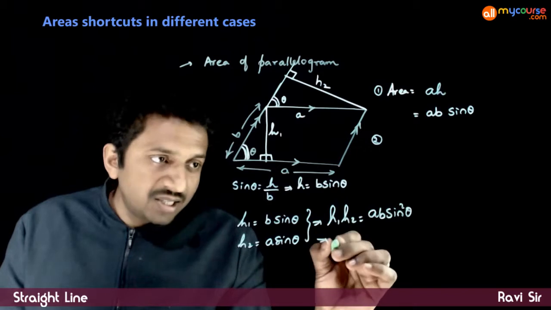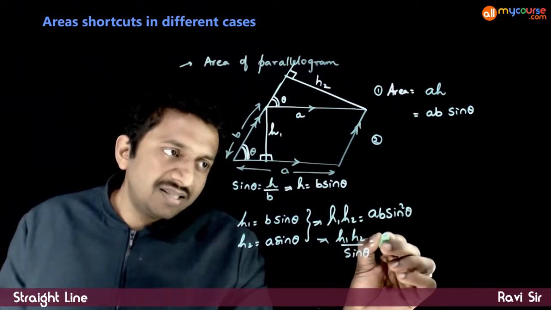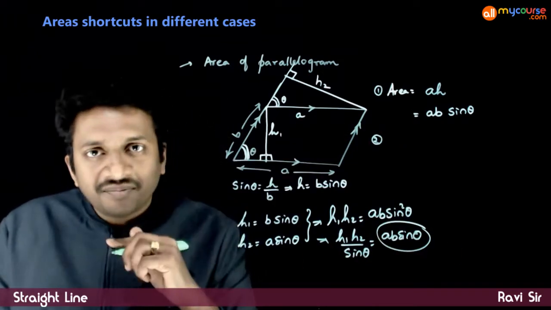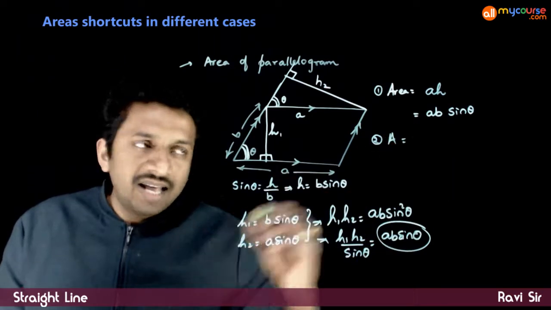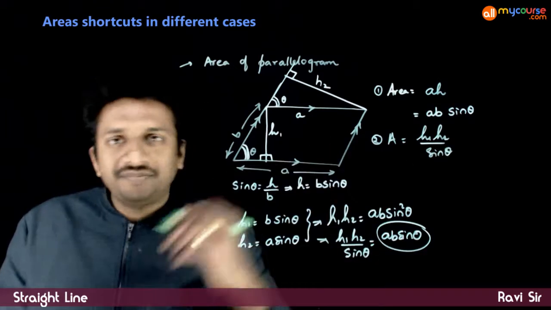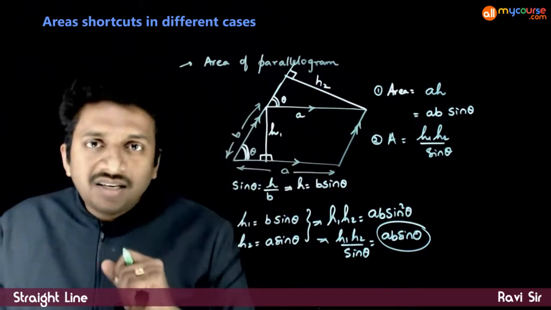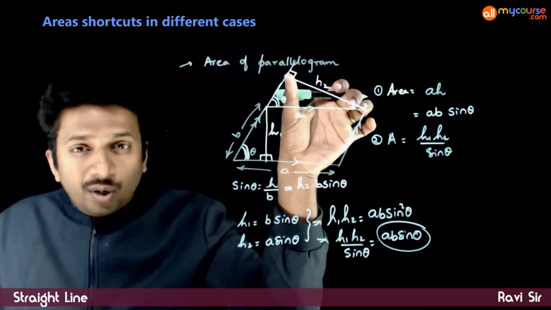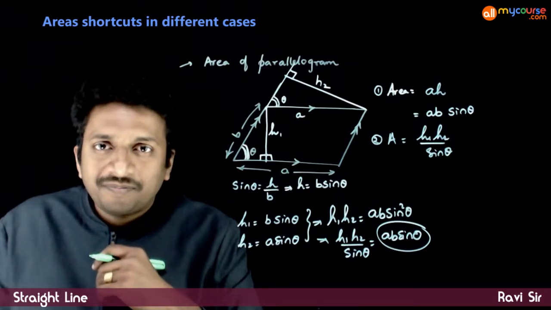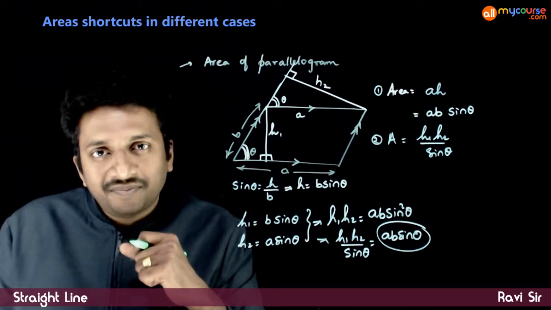If you divide both sides by sine theta, H1 H2 by sine theta is equal to AB sine theta, which is the same as area. So area can be written as H1 H2 by sine theta. Either the product of two adjacent sides into sine theta or the product of two heights divided by sine theta. Both are same. So these are very simple formulas to find the area.